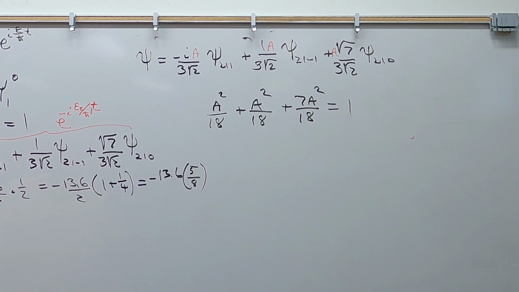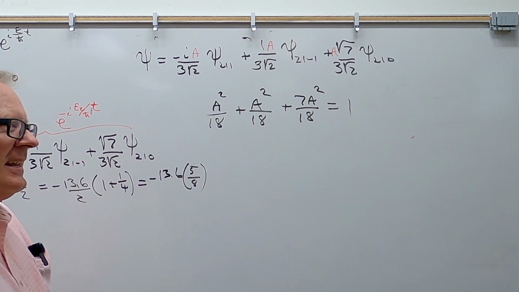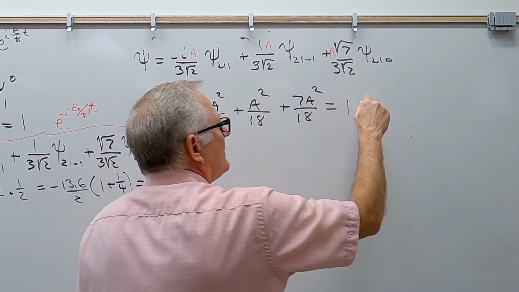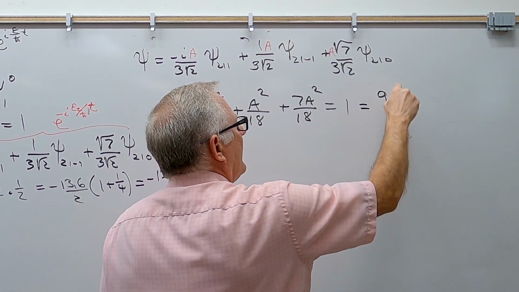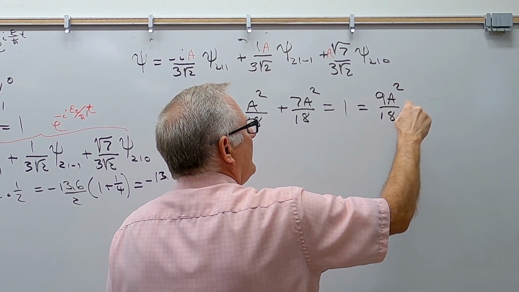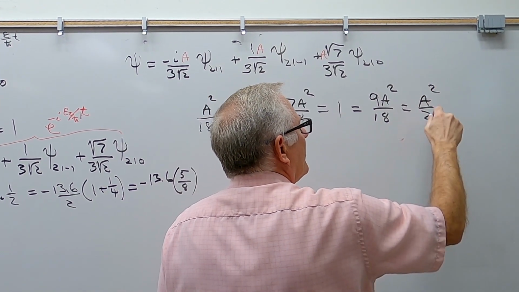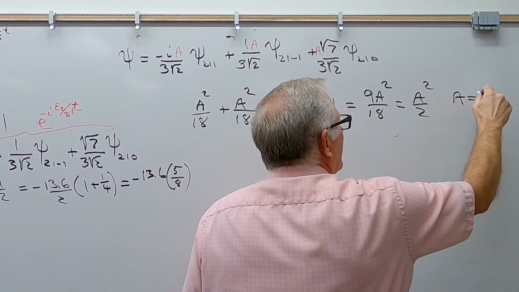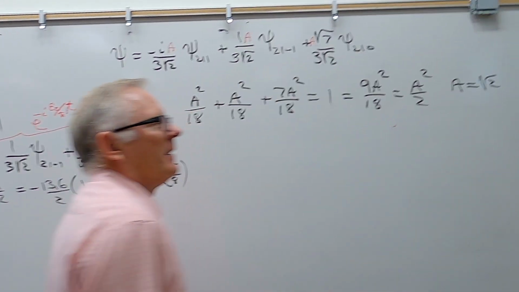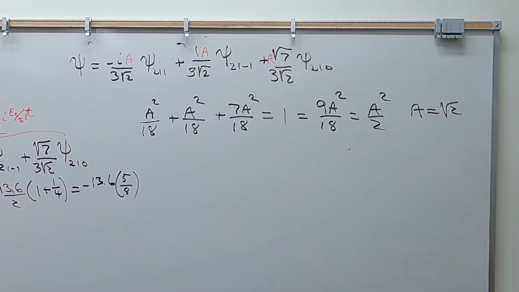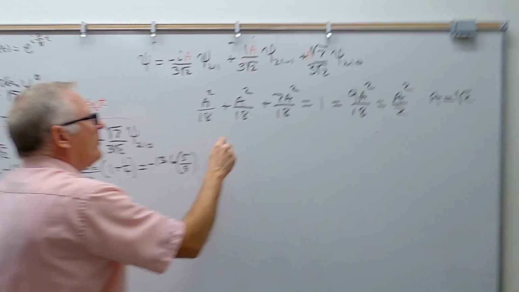Well, this is 9 over 18, so this is equal to 9A squared over 18, or A squared over 2, or A equals the square root of 2. So I need to put that square root of 2 in there to renormalize it.